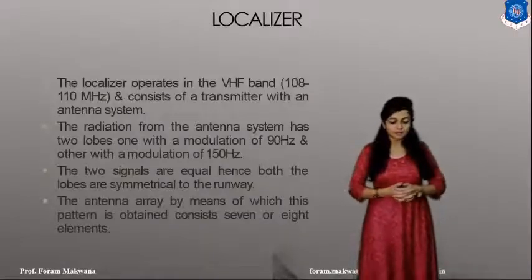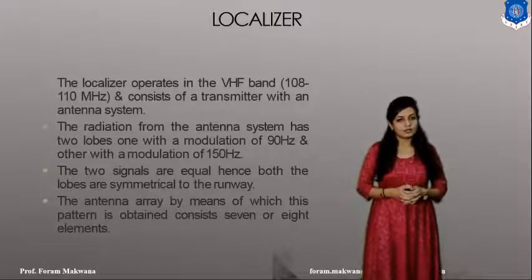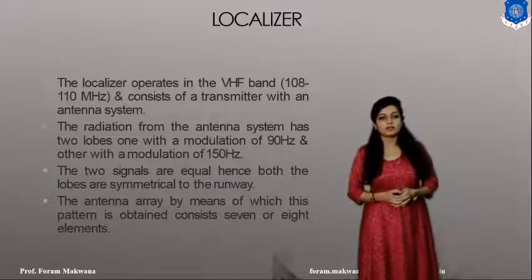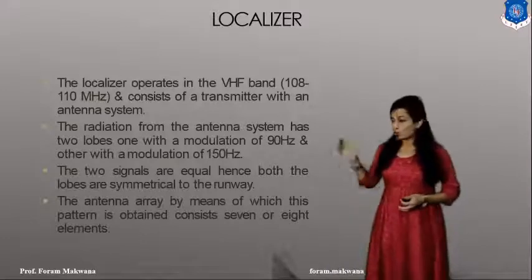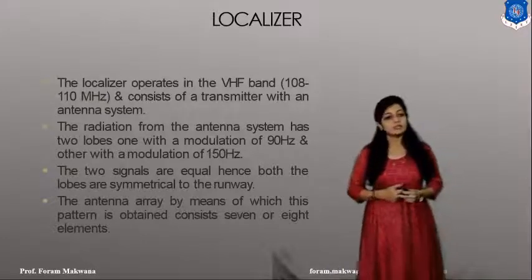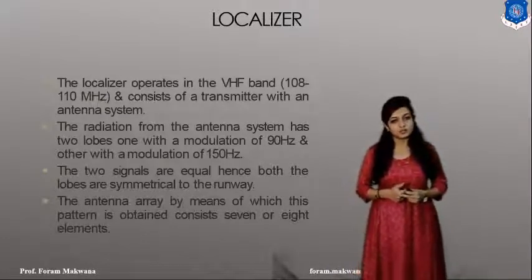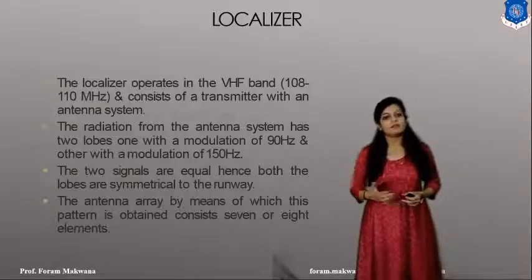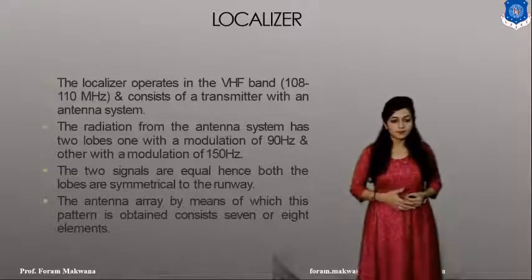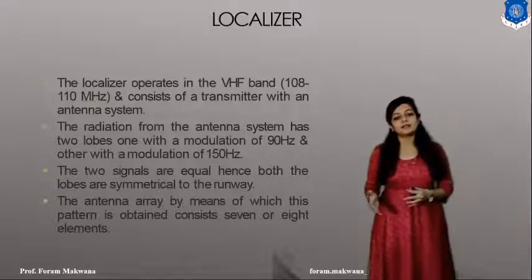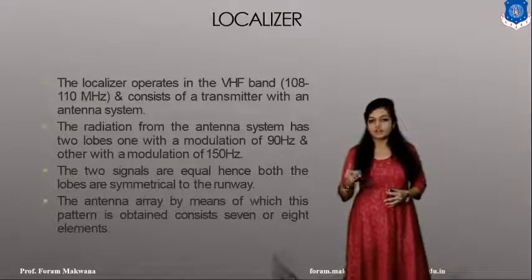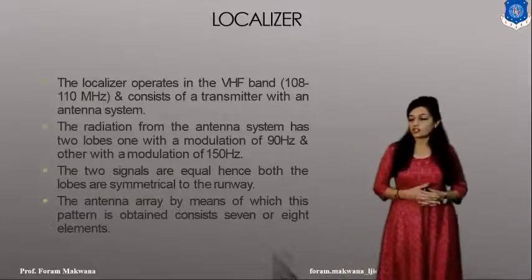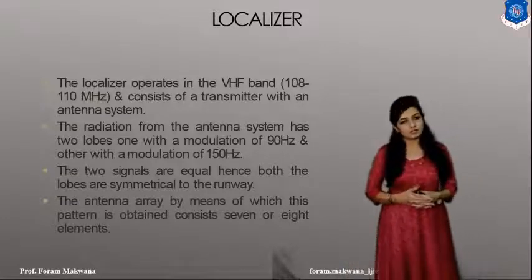Right? Now second, that is a localizer. So what is the function of localizer? It operates in the very high frequency band of 108 to 110 MHz, which consists of a transmitter with an antenna system. Okay, so the radiation from the antenna system has two lobes, one with a modulation of 90 Hz and another with a modulation of 150 Hz.